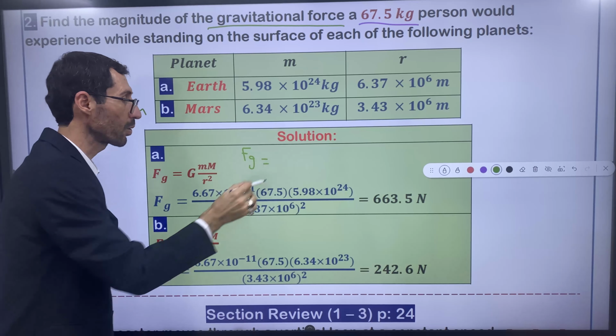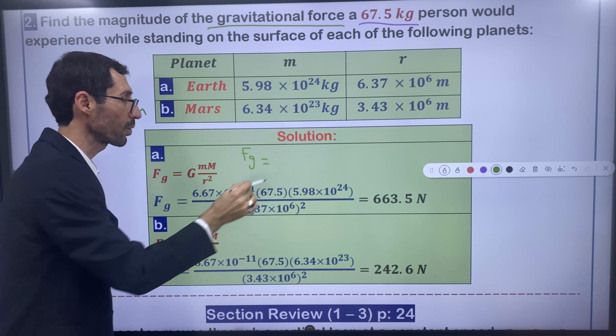Fg is equal to G capital, M small, M capital, or M capital, M small, divided by R squared. You can bring the G to the numerator with M capital, M small. It doesn't matter.